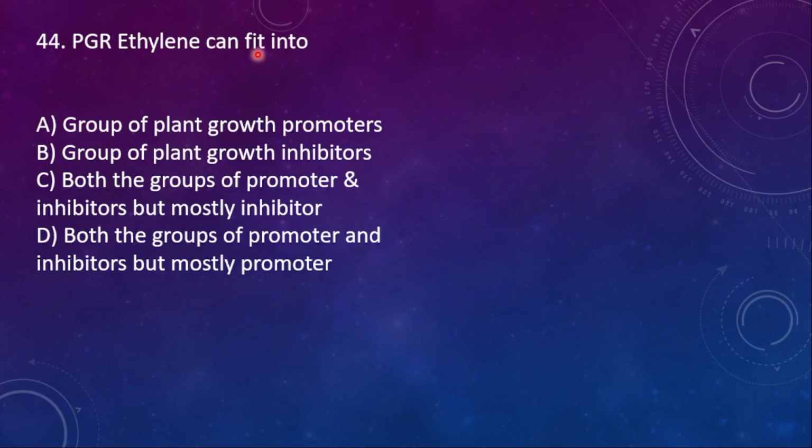PGR ethylene can fit into A, group of plant growth promoter, B, group of plant growth inhibitor, C, both the group of promoter and inhibitors but mostly inhibitors, D, both the group of promoter and inhibitor but mostly promoter. Here the right option is option C. It can fit as a promoter also, as an inhibitor also, but mostly it is for inhibitor.